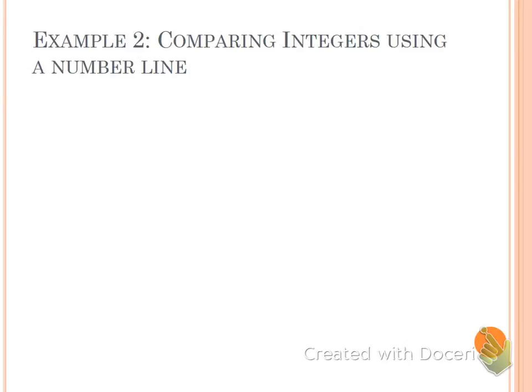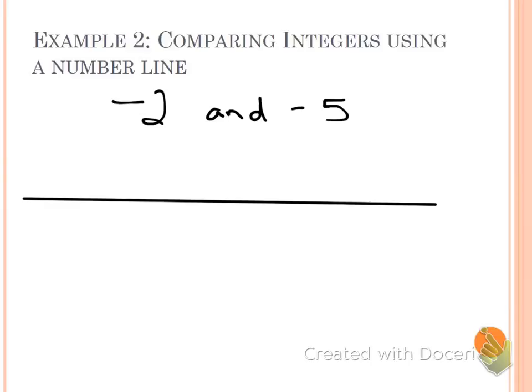Okay. So now in example 2, now I'm comparing these integers using a number line. Here's where I really need you to, and what they're trying to do here is create a visual for you on how numbers relate to each other on a number line.